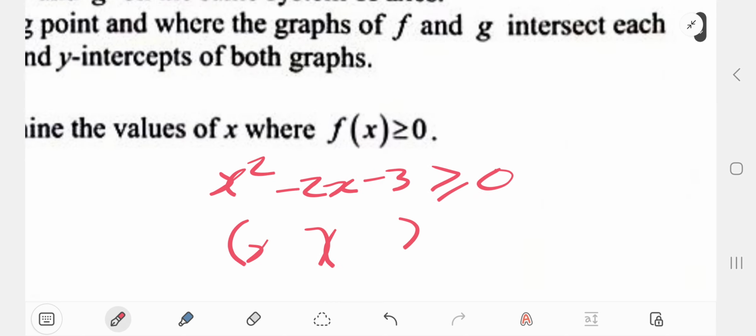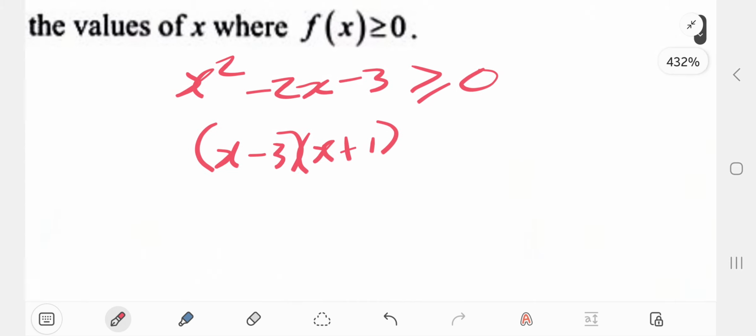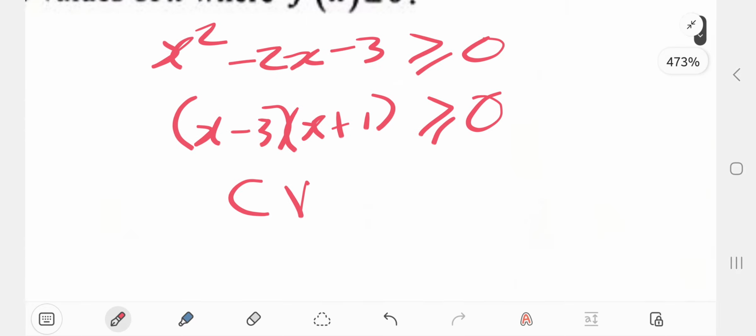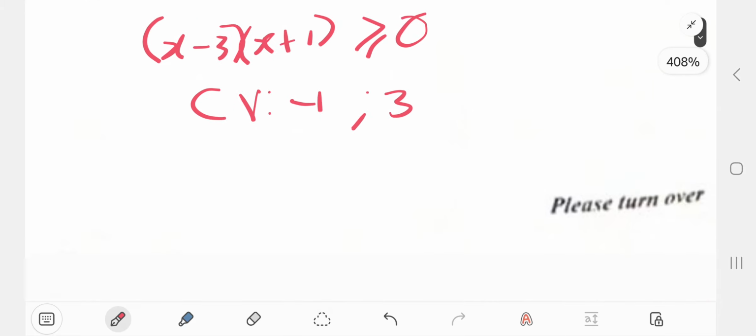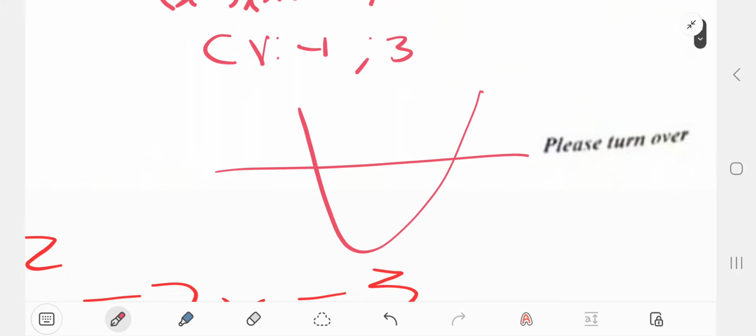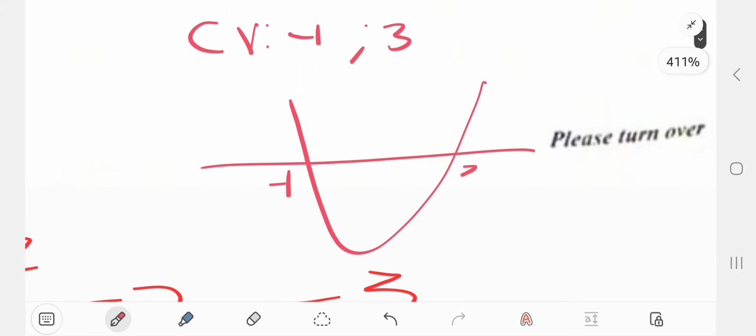So we understand that we have x minus 3 and x plus 1, right? So our critical values are -1 and +3, right? So if we were to sketch our graph roughly like that, we understand that this would be -1 and this would be 3.